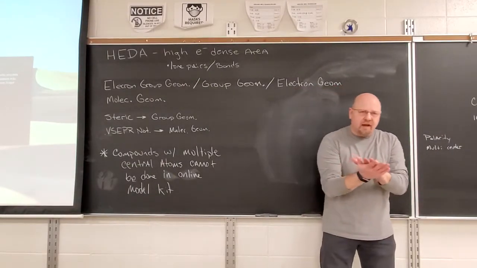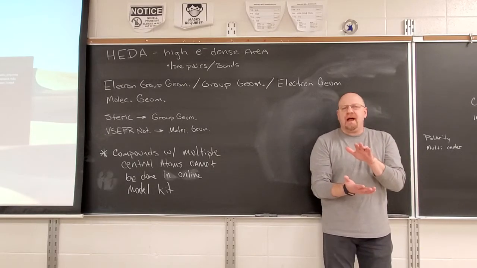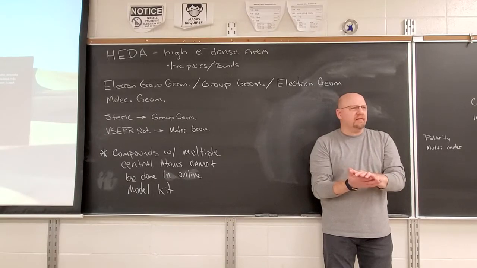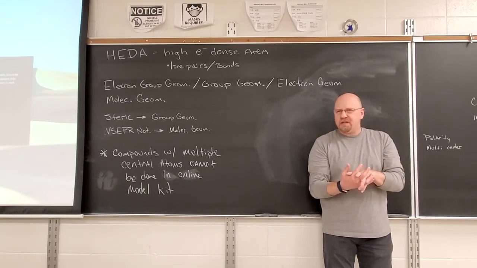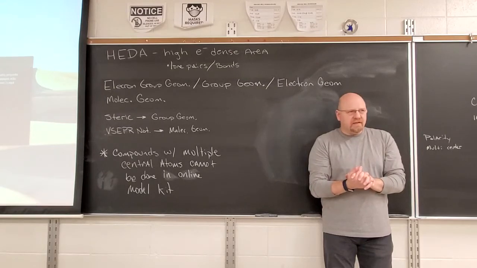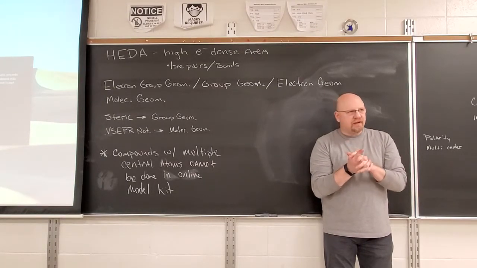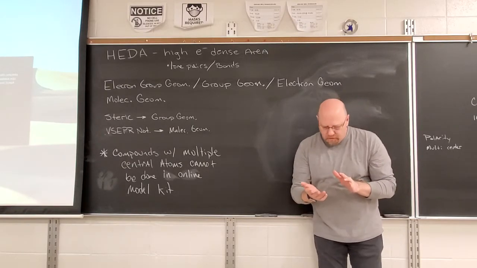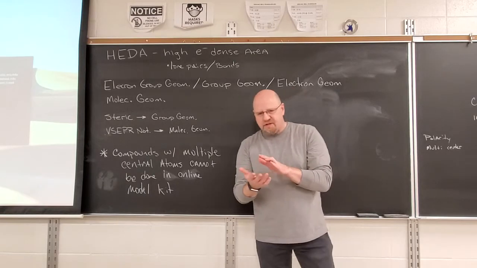So yesterday we looked at the bond length, bond energy, electronegativity, and types of bonds. We're going to do a little bit more with that part, the electronegativity and the polarity of bonds. That's the videos you watched.